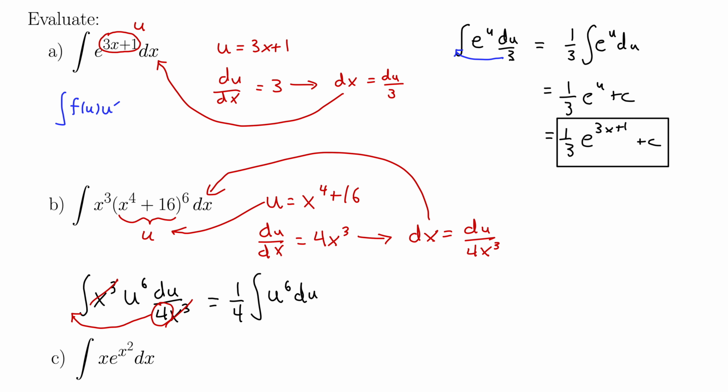And now we have something we can integrate. Using the power rule for integrals, this 1/4 hangs out, and then we get u to the 7th over 7 plus c. And let's back substitute and simplify this down. Remember, u is actually x to the 4th plus 16. Now all that's raised to the 7, over 4 times 7, which is 28. And don't forget your plus c.